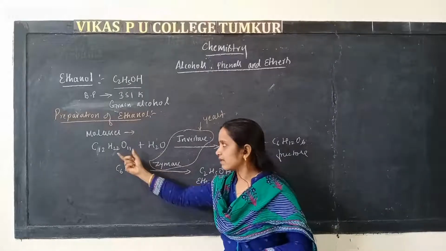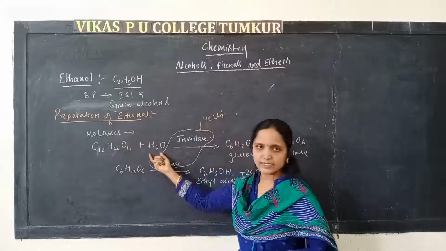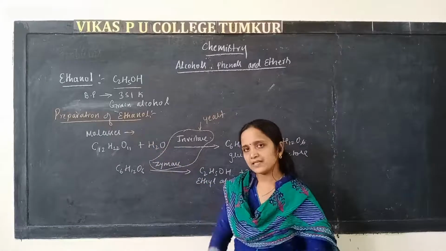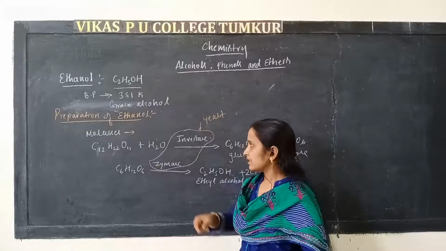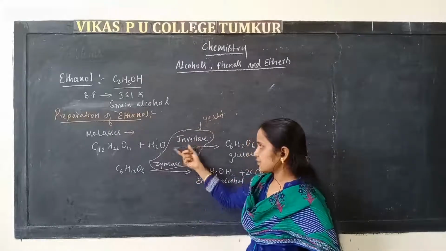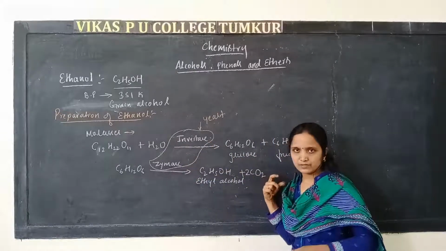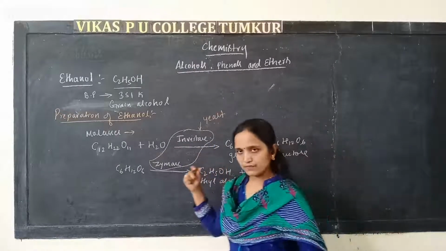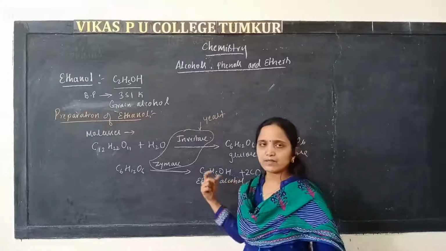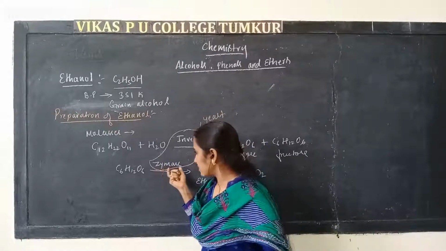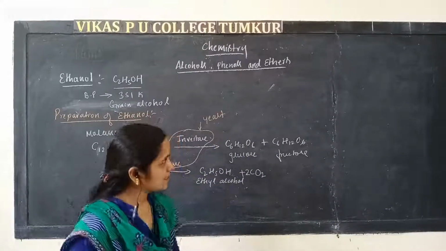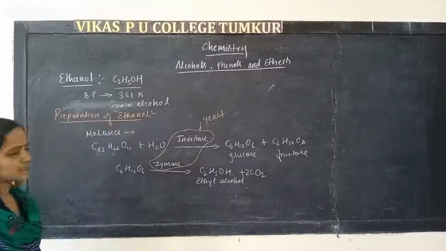The sugar present in the molasses is diluted with water, and we add yeast for fermentation. The invertase enzyme converts it into glucose and fructose, and this glucose and fructose is converted into ethyl alcohol and carbon dioxide by the zymase enzyme. This is the preparation of ethanol.